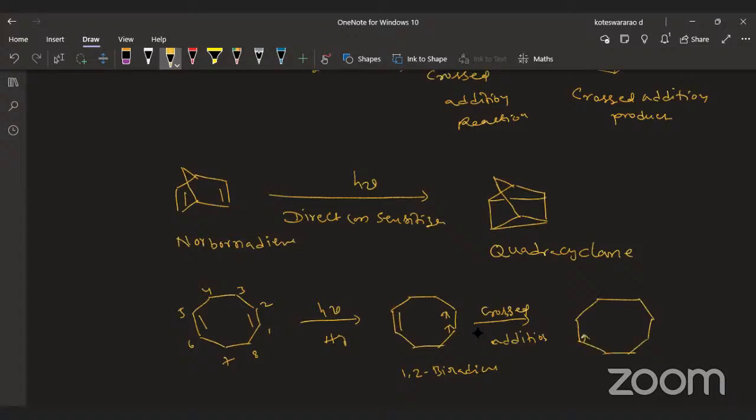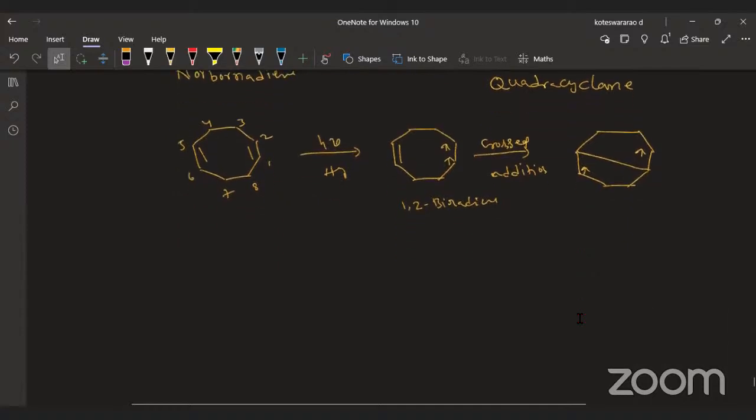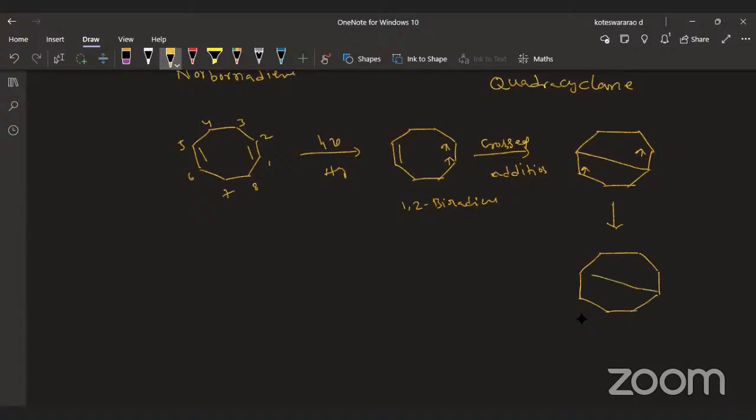one of the positions of the double bond forming a bond like this, or vice versa. In the next step, these two electrons combine to produce another bond between those two carbons. A sigma bond is generated. Okay, this is one product. Now this product can be written as a non-planar structure, and can also be represented like this.